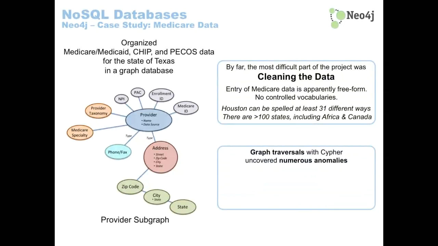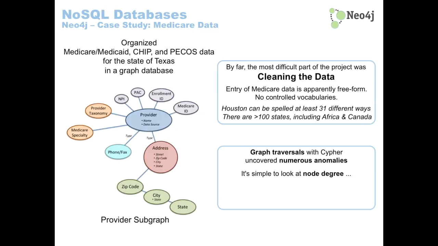Graph traversals with Cypher, just like we did with the library model, uncovered some interesting anomalies. Like we could look at node degree. That's another specification you can put into a Cypher query, that you want to zero in on a particular node or set of nodes and then tell me what the degree of that node is.